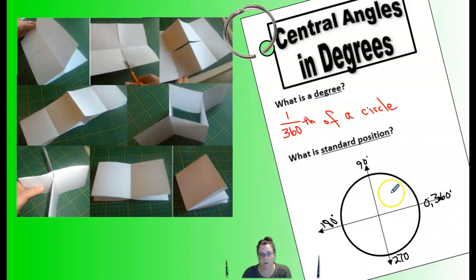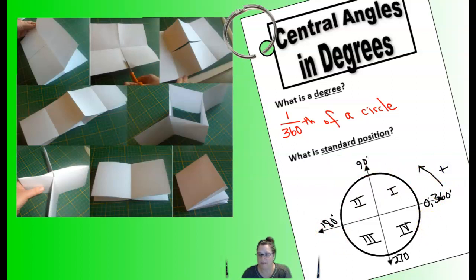Okay, this is quadrant 1, quadrant 2, quadrant 3, and quadrant 4. Okay, so starting at 0, moving in a counterclockwise direction, that gives us positive angles.